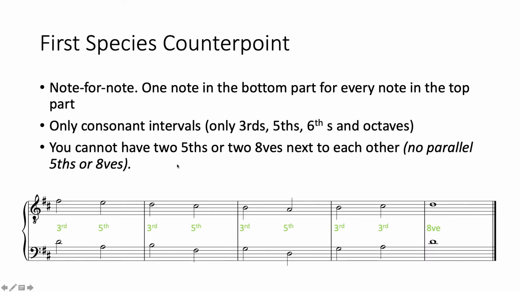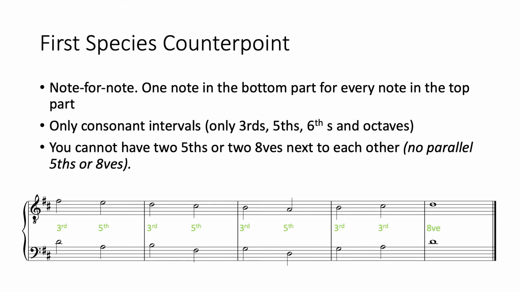And a rule that we're going to introduce now is that you cannot have 2 fifths or 2 octaves next to each other. You might hear this referred to as no parallel fifths or parallel octaves. The idea is that they sound quite bland together. They're quite bland intervals, and if you have a fifth and an octave next to each other, it doesn't necessarily always sound like 2 independent parts.